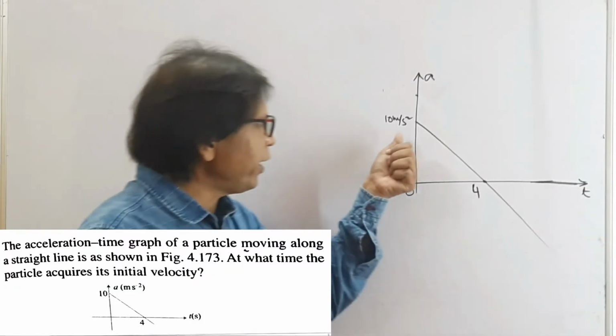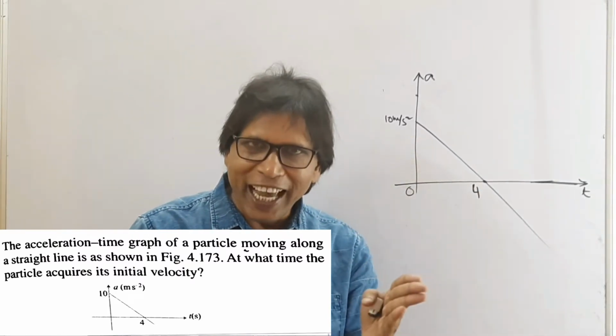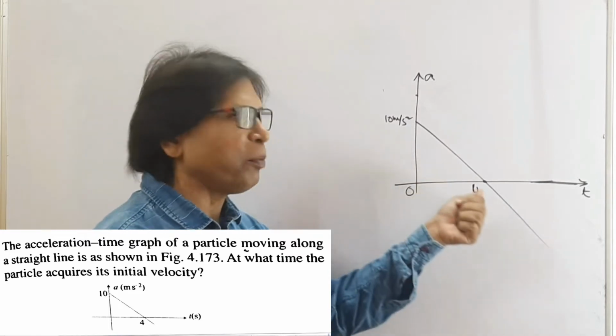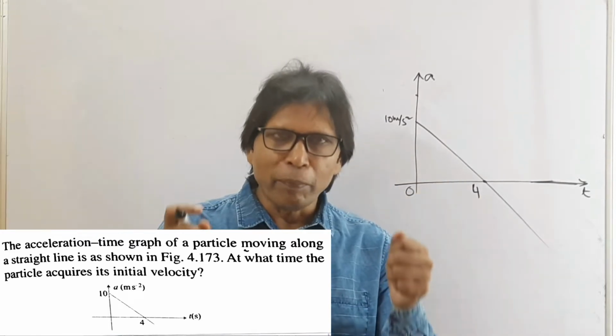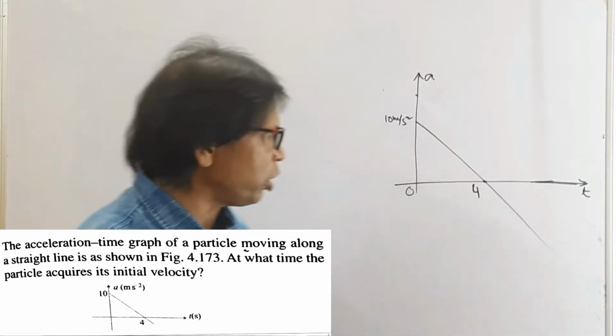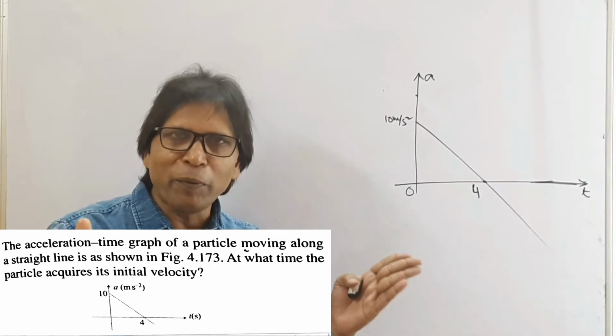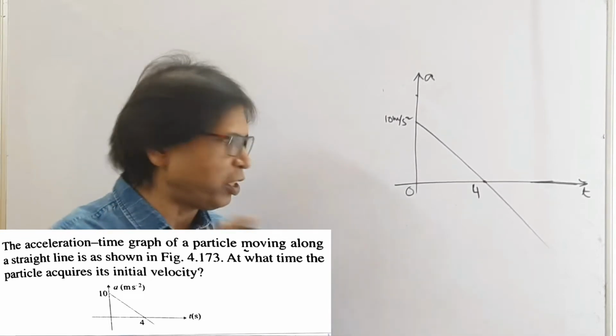Okay, look at this, the acceleration-time graph of a particle moving along a straight line is shown in the figure. When does the final velocity of the particle become equal to the initial velocity? Now we know the area of the a-t graph represents the change of velocity.